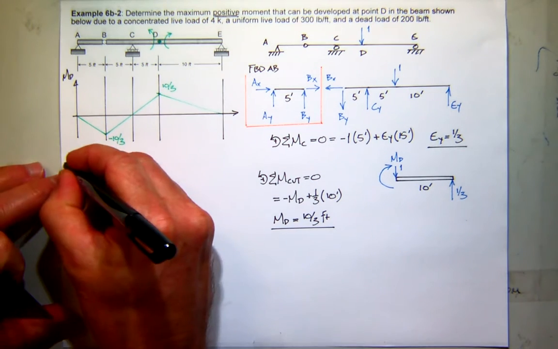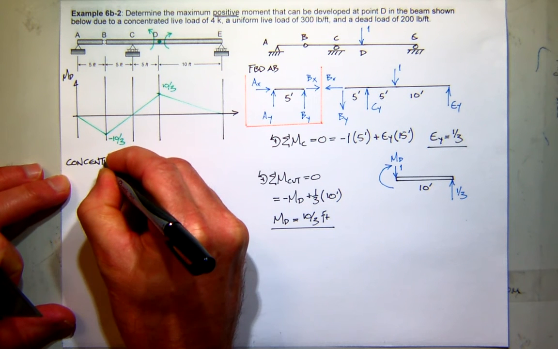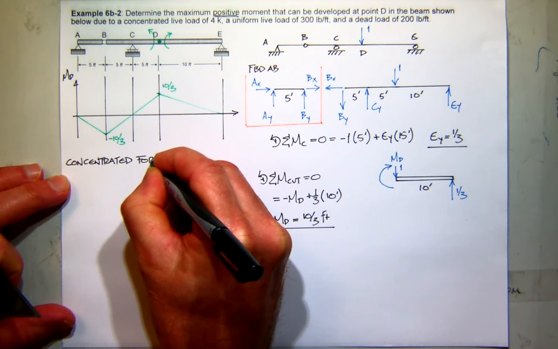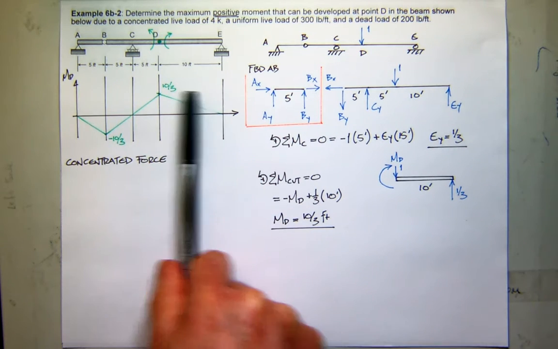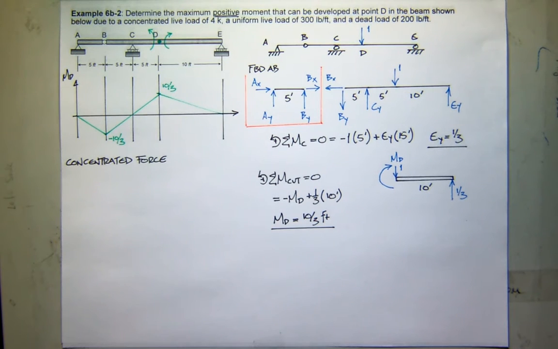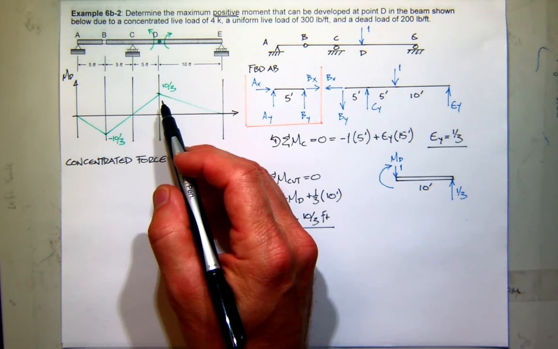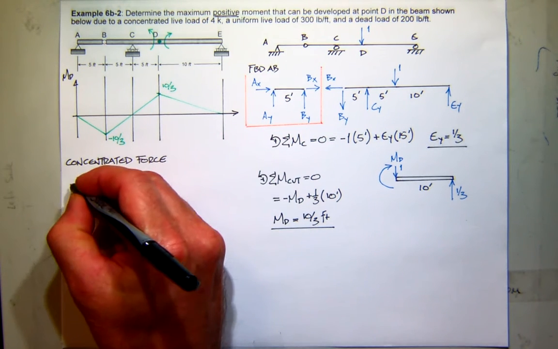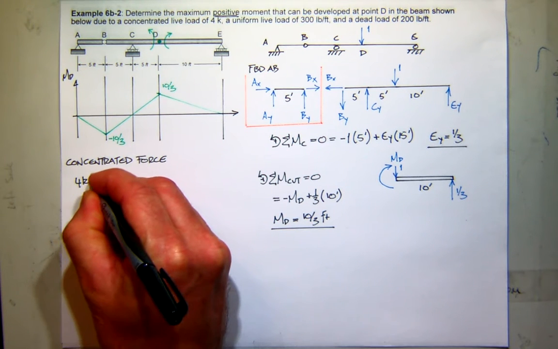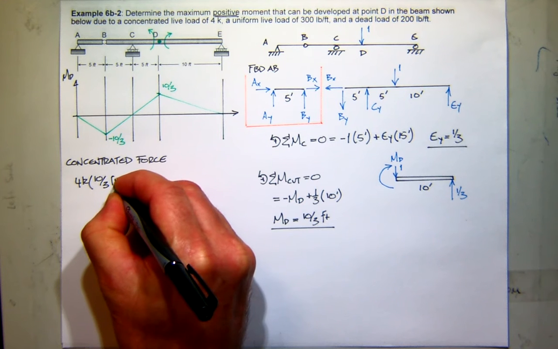So if we start with the concentrated force, which is live, which means it's moving around, what position on the beam will it create the largest positive moment? The largest positive value, actually at D, right? So that component is going to be the magnitude of the force, which is 4 kips, times the value there, which is 10/3 feet.